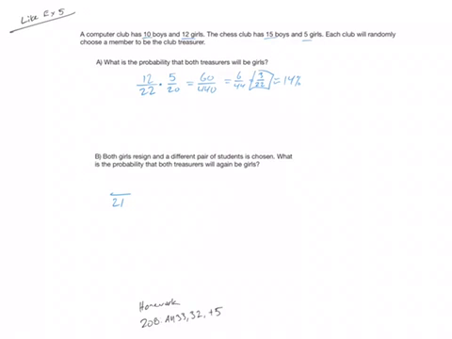And since that person was a girl, instead of 12 girls to choose from, now we're going to only have 11. For the chess club, it's going to be similar. Now we only have 19 people to choose from. And before we had 5 girls, but now we only have 4 to choose from. So that's going to come out to be 44 over 319, which is approximately an 11% chance of happening.